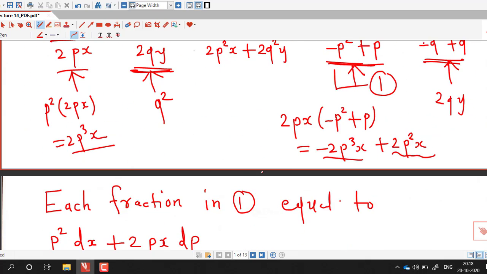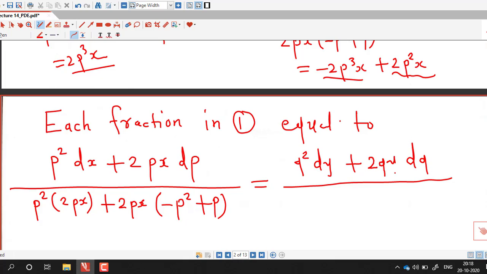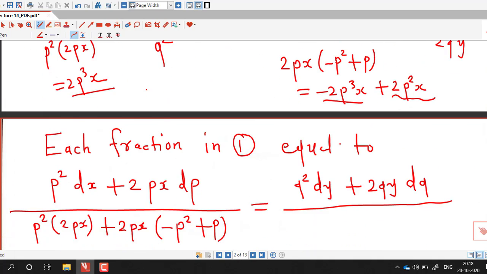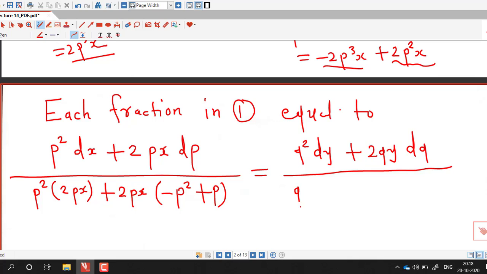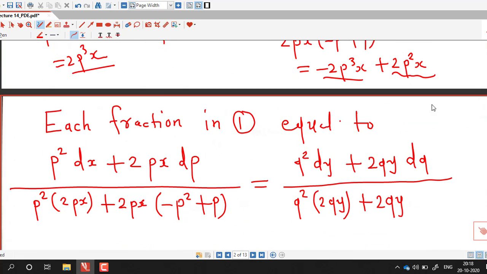So another fraction which we generate is dy multiplied with q square and dq multiplied with 2qy, and the denominator of dy, which is 2qy. So 2qy is multiplied with q square and here instead of 2px we have 2qy. 2qy is multiplied with minus q square plus q.